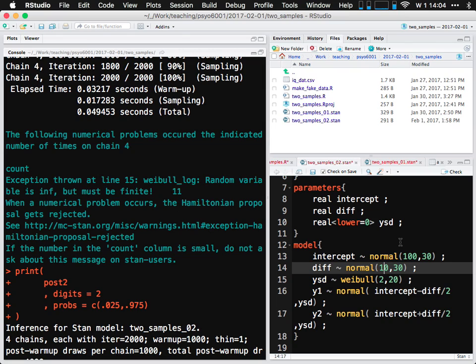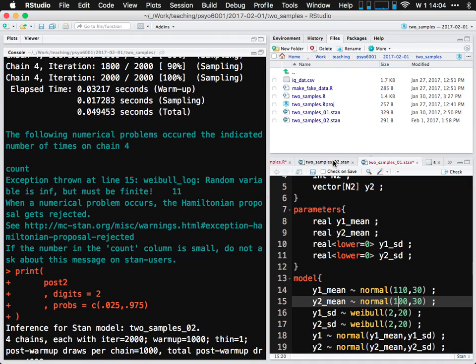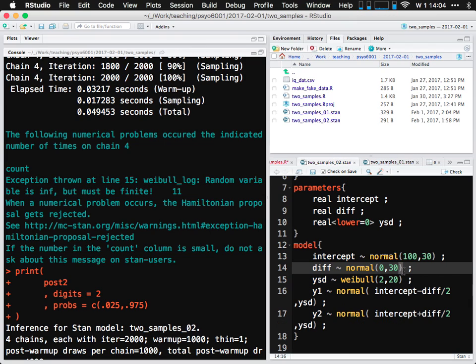Usually, you want to use a prior on the difference of 0 and let your data convince your reader that there actually was a difference. Yeah, if you're comparing two groups of the same type under different conditions, you would want that. That makes sense. All right, so we're close to doing this as regression.